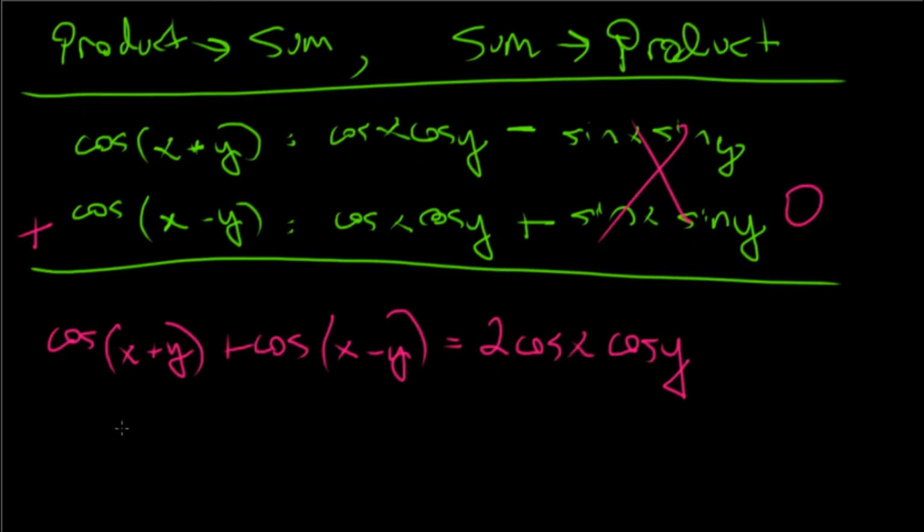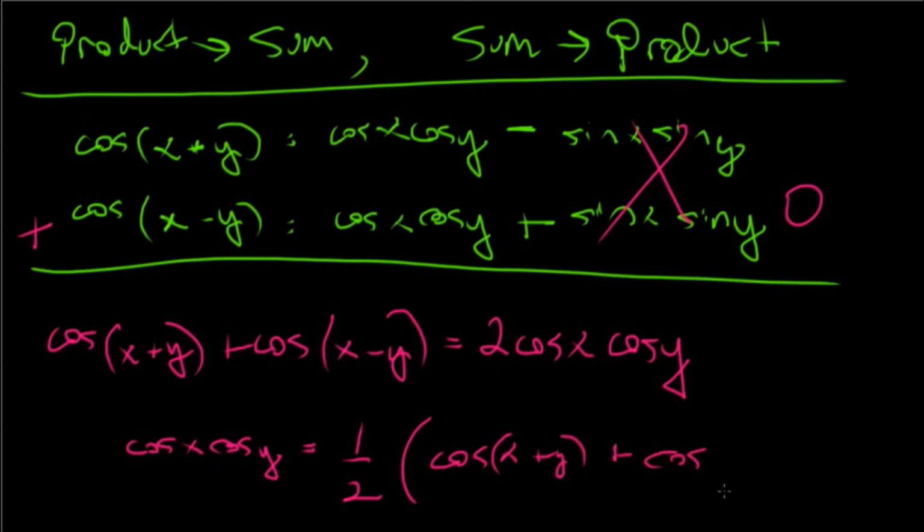The way we usually write this formula, this is the product to sum. We usually write it like this: cosine x, cosine y. The product of 2 cosine functions is equal to, divide both sides by 2, 1/2 cosine x plus y plus cosine x minus y.